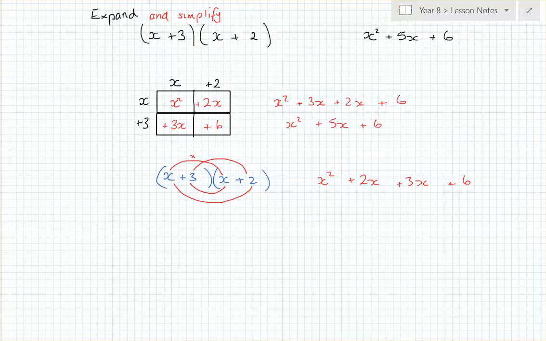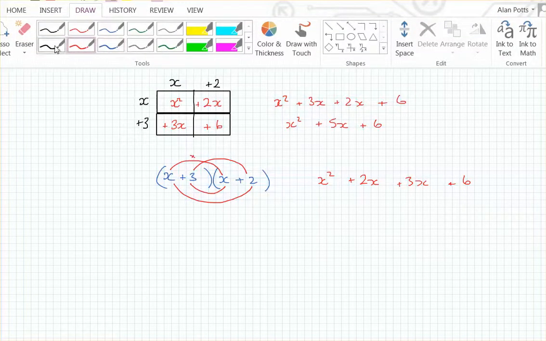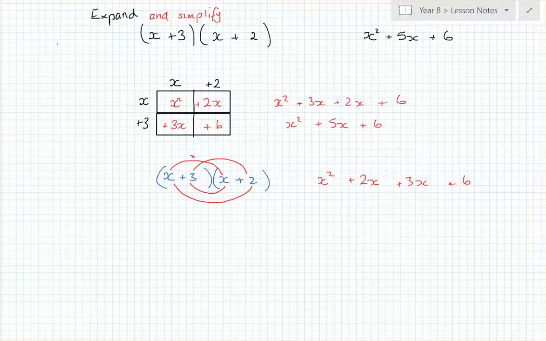In my book at least, it looks like the bits crossing over, the x times x and the 3. Like the top of the hair, and the brackets on the outside are the ears. Yeah, I see the ears.